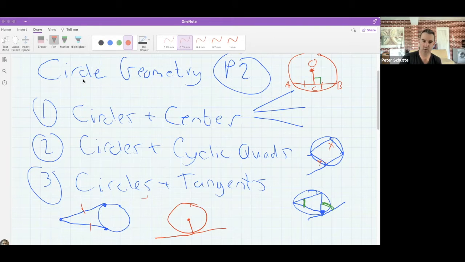What do you guys think? What's important when you've got a tangent and you've got a line from the center, or a radius, meeting the point of tangency? What do we know about that relationship? You can do it. Well, this one equals 180, but the theorem says something else. I don't want to give it away yet.